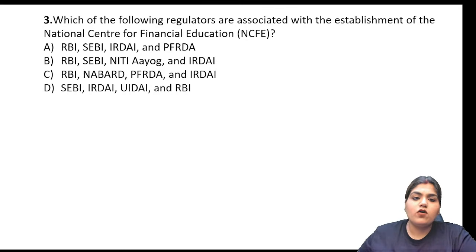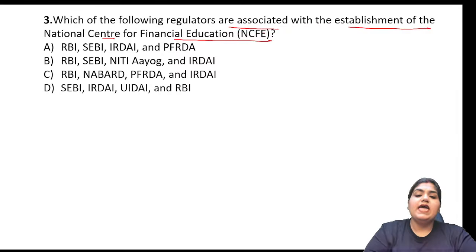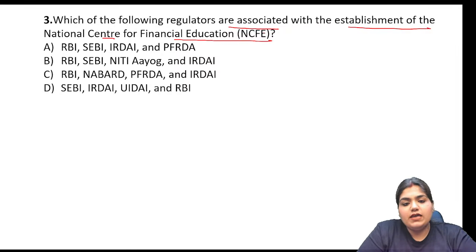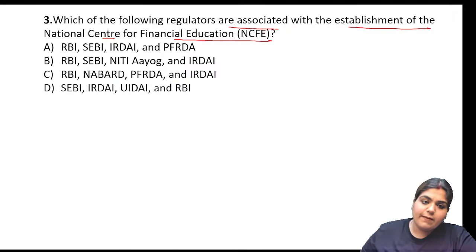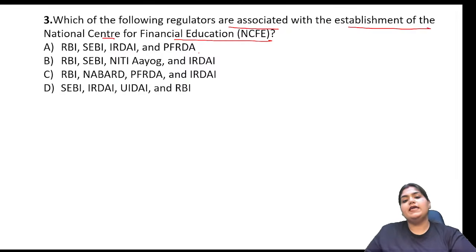Next question. Question number 3 is on the screen. Which of the following regulators are associated with the establishment of the National Center for Financial Education, NCFE? It is RBI, SEBI, IRDAI and PFRDA.